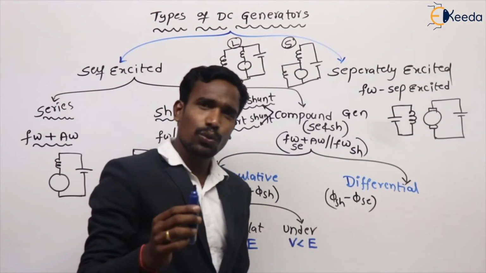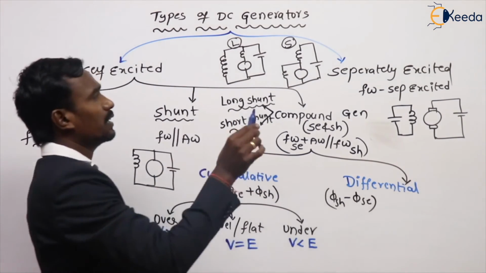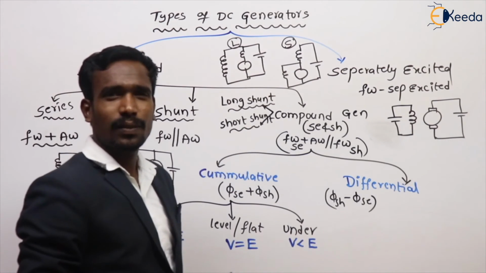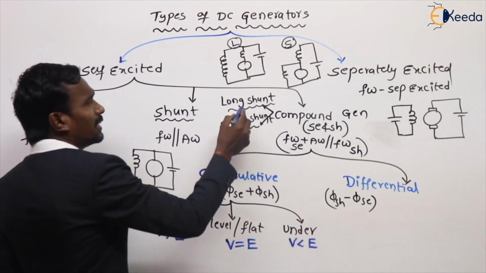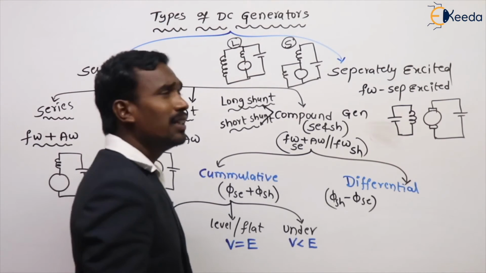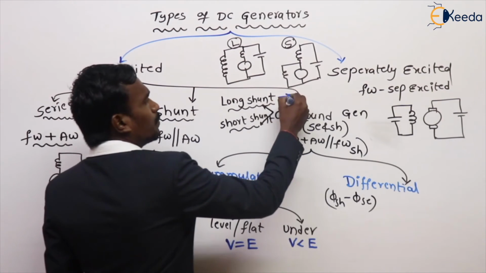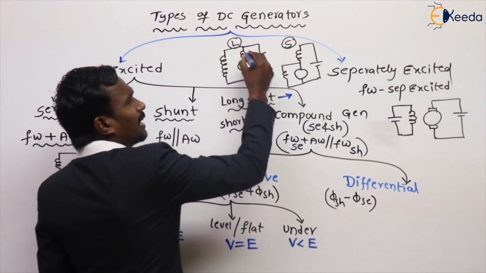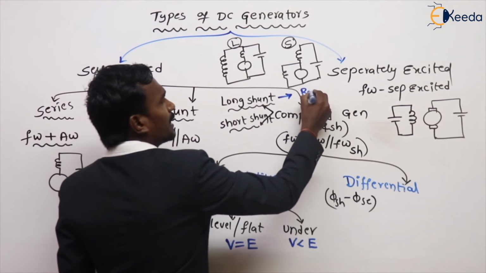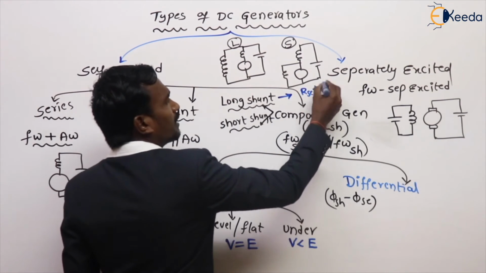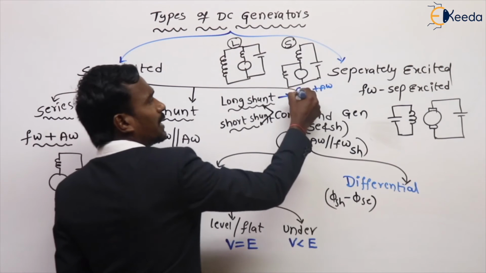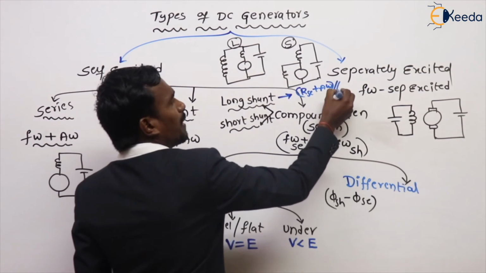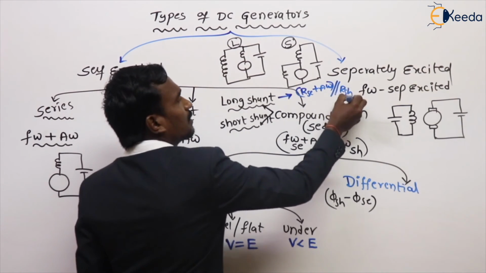We have to explain each and every generator. For example, they will ask you, what is a long shunt generator? In a long shunt generator, the series field winding is in series with the armature. These two are in series and this combination is parallel to the shunt.